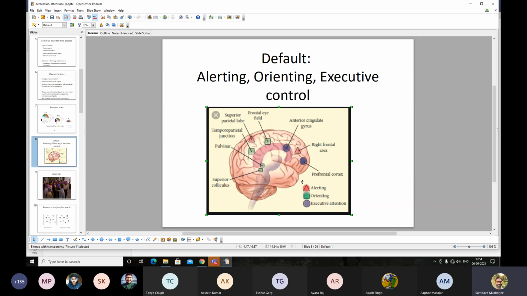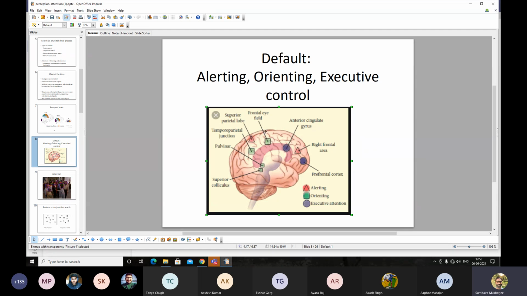Alerting typically happens in the frontal area of the brain, which is the right frontal area, just here, between your two eyes. Executive attention again happens in the frontal area here. Orienting, for you to move your attention, again, you're not moving your ear, you're orienting your auditory field, or you're orienting your visual field to pick up information.